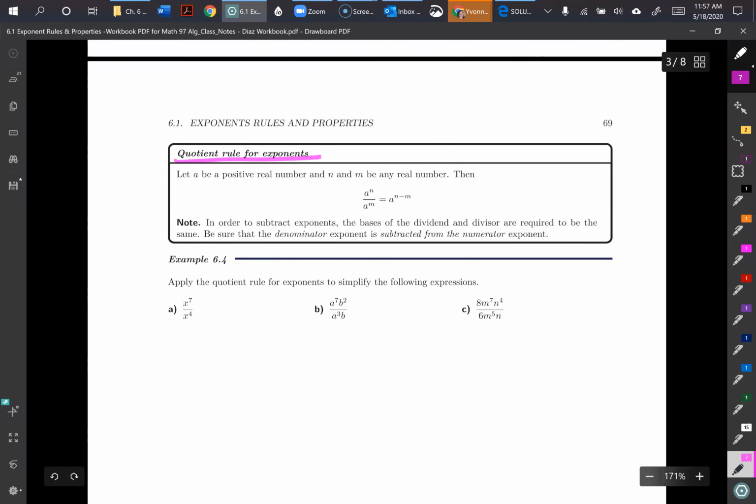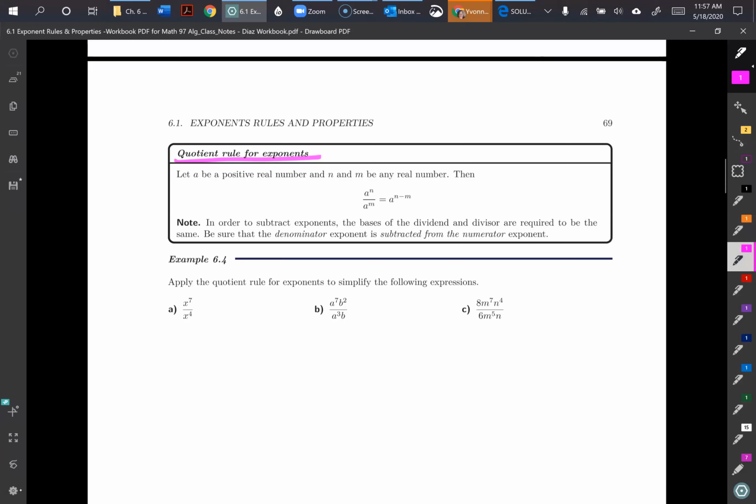So now we have our quotient rule for exponents. Let A be a positive real number and N and M be any real number. Then A to the N over A to the M equals A to the N minus M. Now we have to add a couple more things in here.